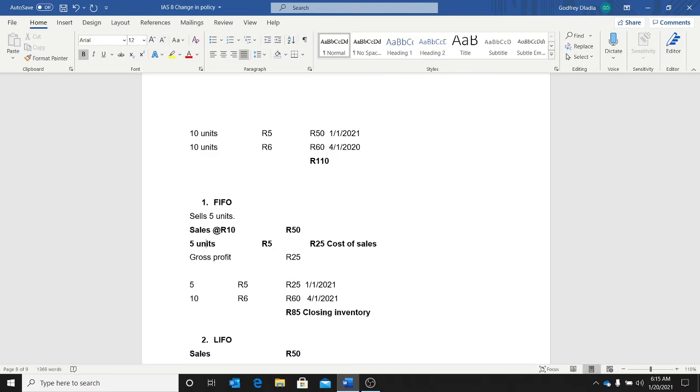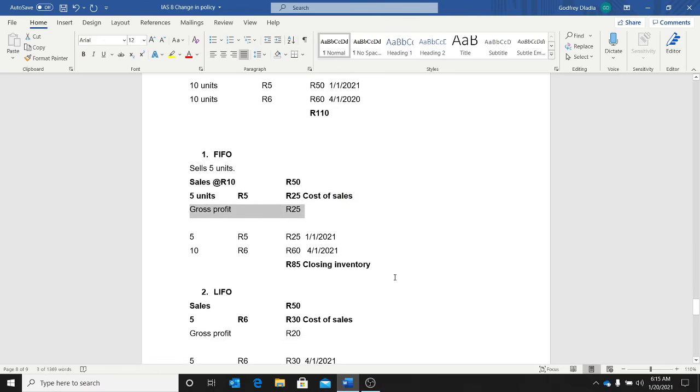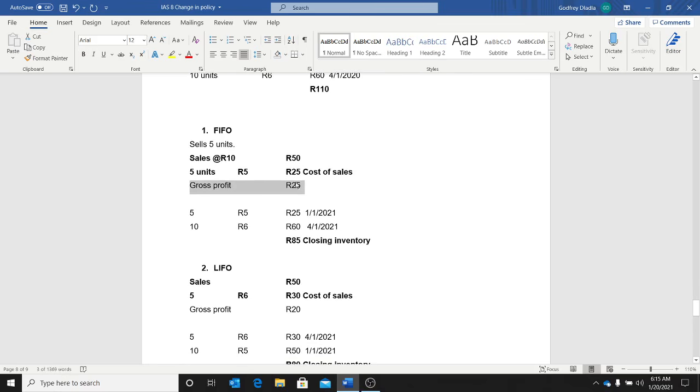That is how much your cost of sales will be. So 5 times 5 gives us 25. So now it's clear that your gross profit is 25 in this case. Okay. Now, you must remember cost of sales and gross profit are the items that go to the income statement.